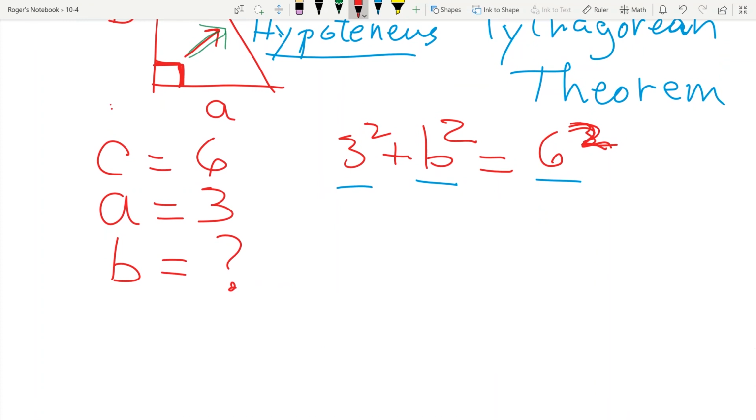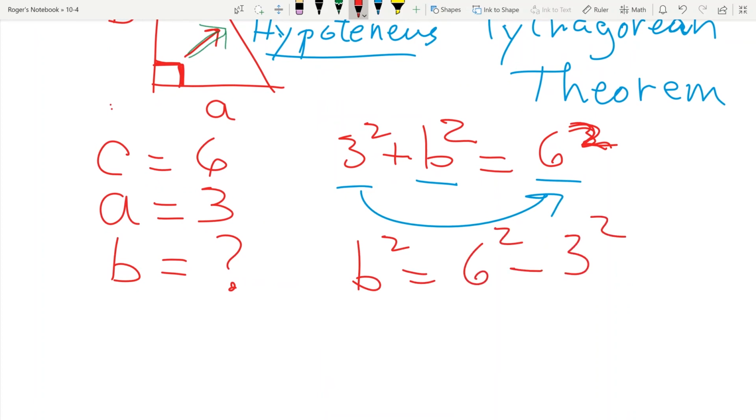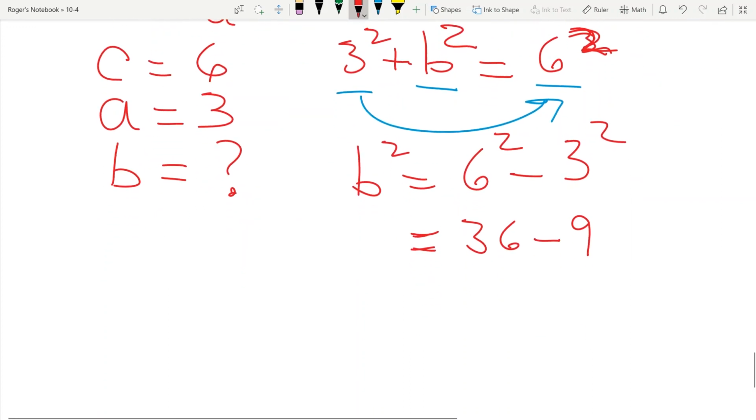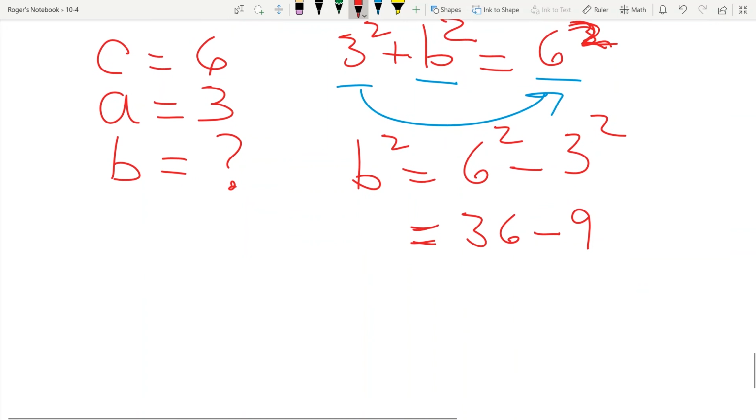How do we solve for b? Well, we take that over there to isolate the b term. So we get b squared is equal to 6 squared minus 3 squared, okay? Which comes up to be equal to 36 minus 9. What is 36 minus 9?